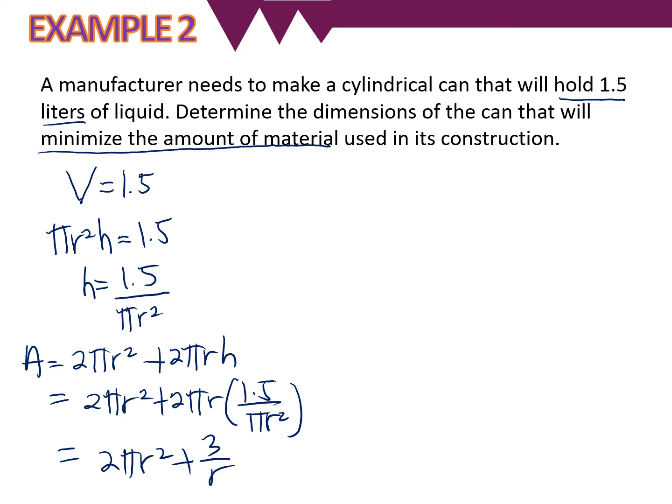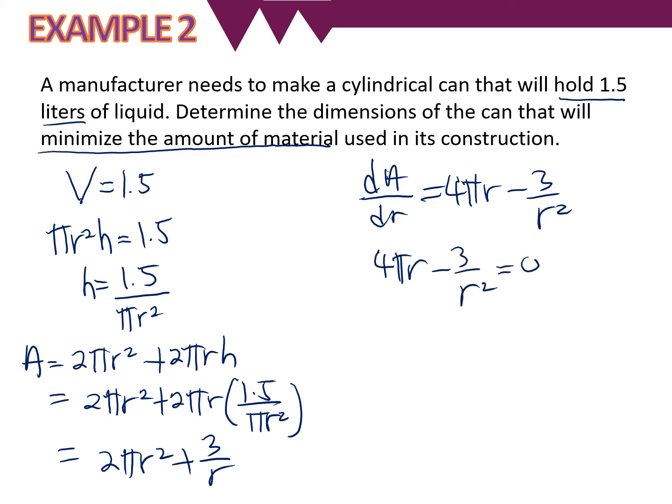After that, we directly differentiate area with respect to r. We will have 4 pi r minus 3 over r squared. So we take this answer and equate it with 0. We multiply everything with r squared. So 4 pi r cubed minus 3 equals 0.